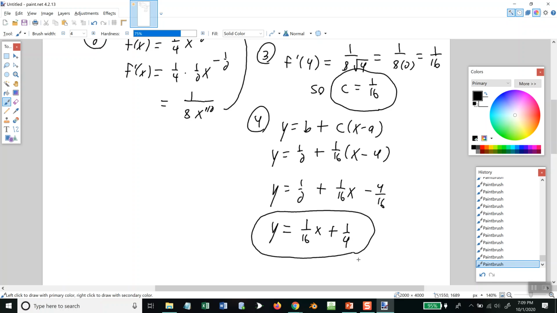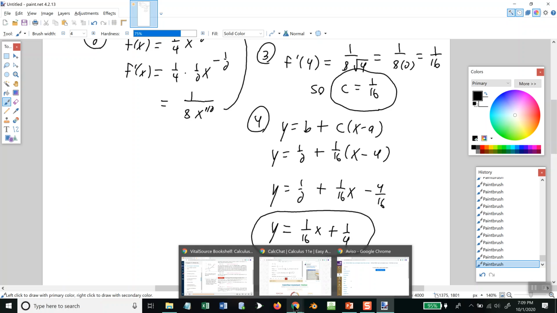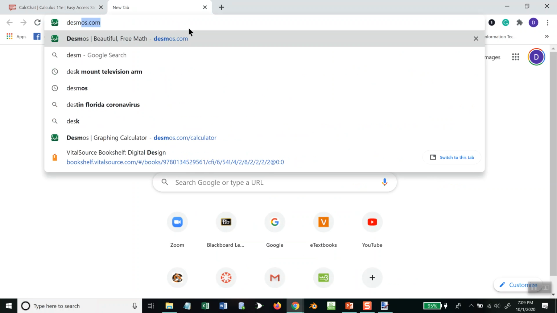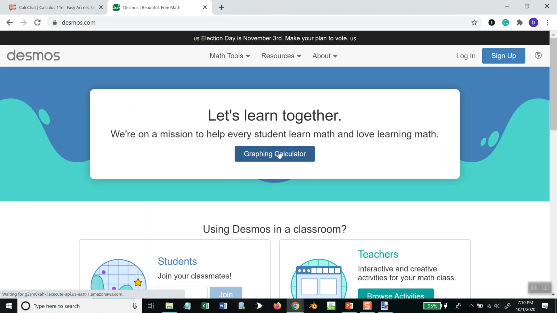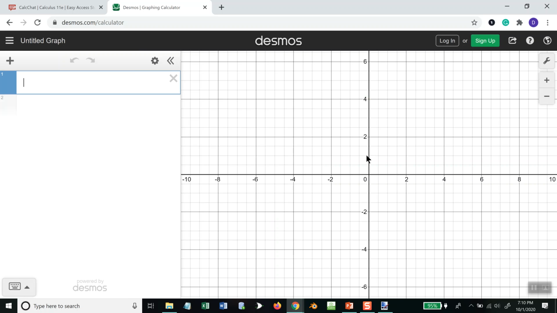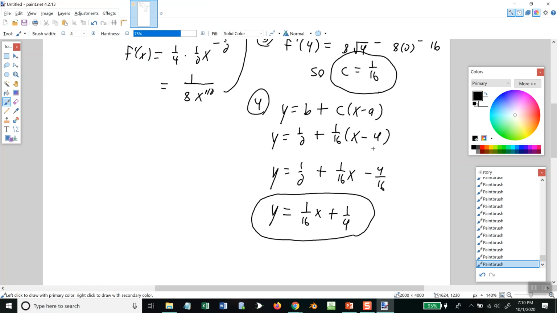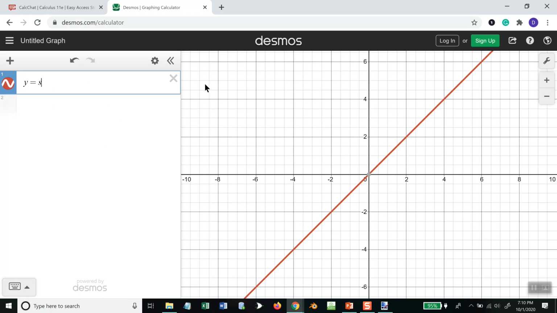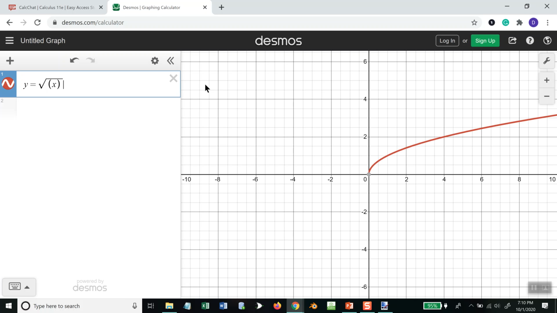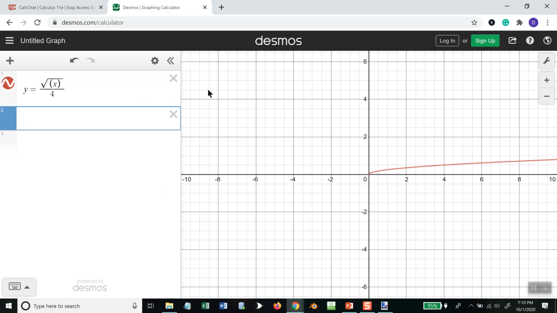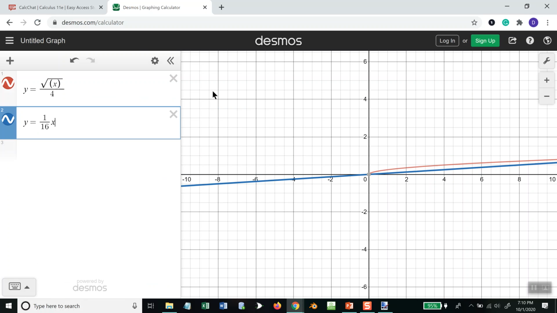If I were to graph that, y is equal to square root of x over 4. And y is equal to 1/16 x plus 1/4.